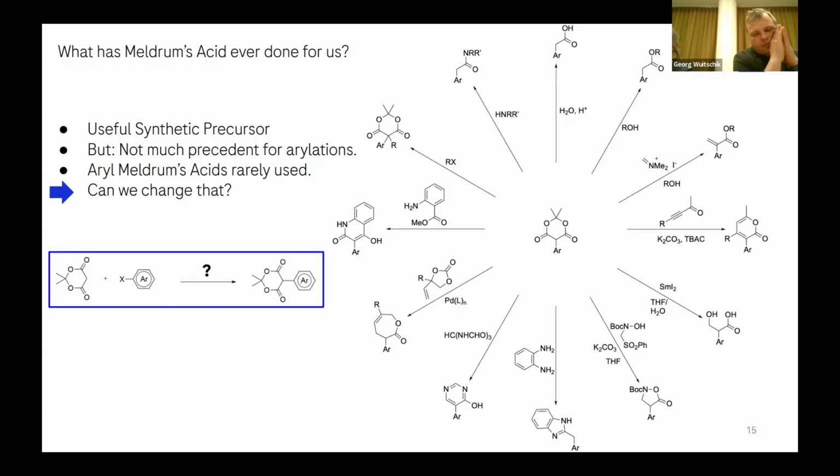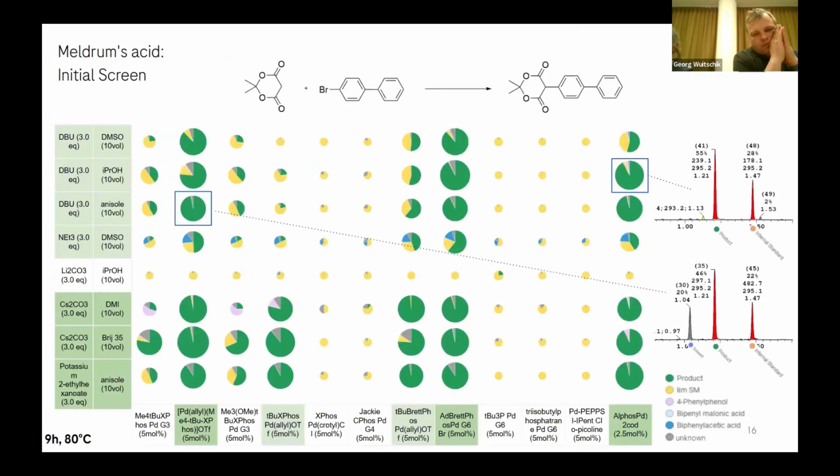Okay, it worked with the barbituric acid. How far away can Meldrum's acid be? This is how the plate looks. So again, we threw all the palladium catalysts on it. By then, we had actually given up on the copper and really just tried to find sweet spots in bases and solvents.